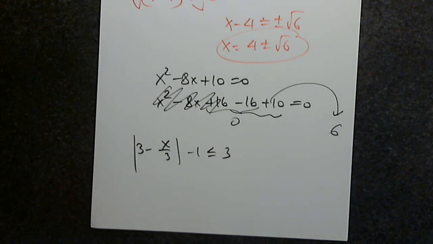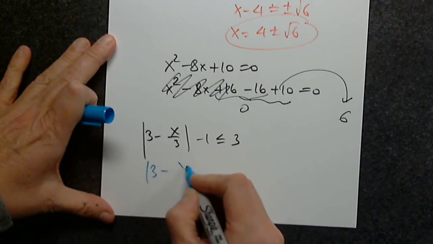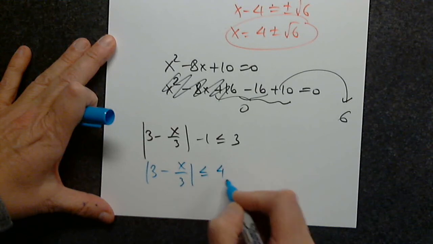Remember, you cannot break the absolute value. You cannot add, you cannot subtract, you cannot put anything in. There are two properties, but we don't discuss them in this class. So all we can do here is, first of all, clean it up. Add 1. So I have the absolute value of 3 minus x over 3 less than or equal to 4.